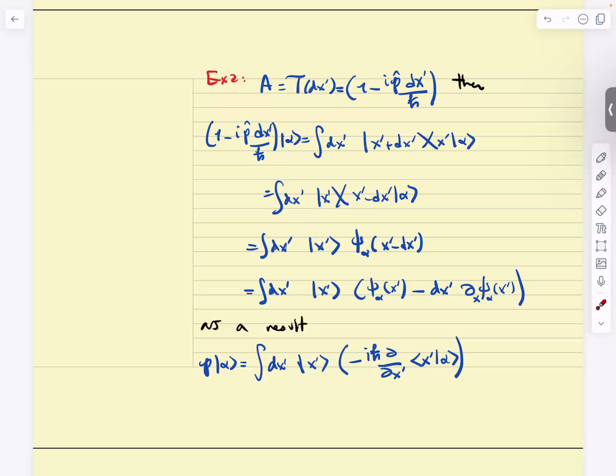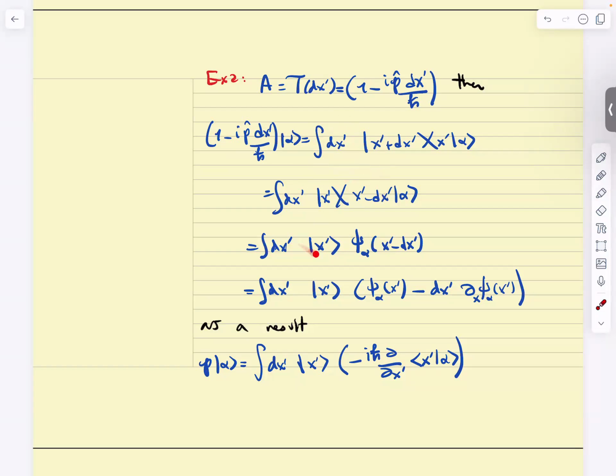Now act with this infinitesimal translation operator on some ket alpha. We saw what this gives: the integral of dx prime, the shifted ket, x prime with alpha. We did this before as well: because this integration goes from minus infinity to infinity, we could shift the domain of integration and change the variable to rewrite it this way.